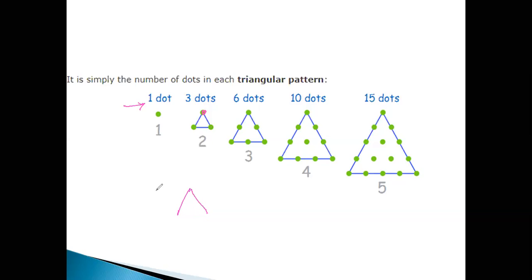See how it starts with 1, and next it starts with 2 in the base I'm talking about, and then it starts with 3, then 4 and 5, and as you see the difference in the base. Do the dots need to be evenly spaced?